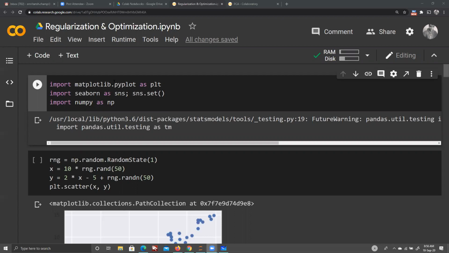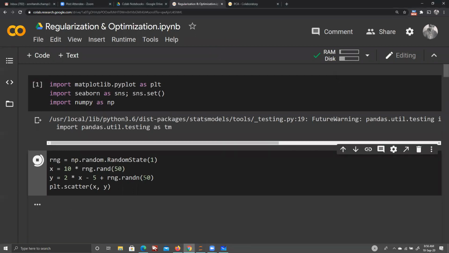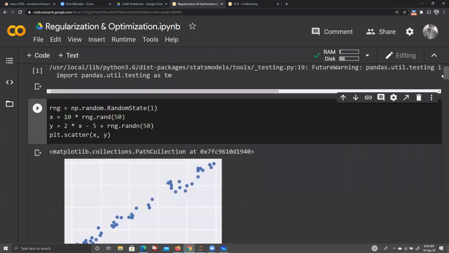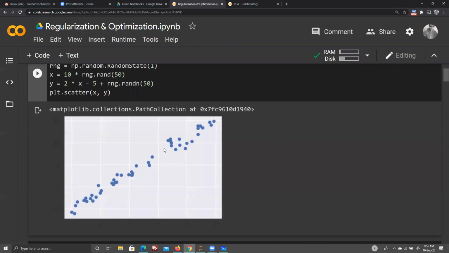So let's say I come up with a simple regression problem, which is very easy to solve, as you can see. Drawing a line here is not going to be very hard. You can draw a regression line here easily, so if I were to run a linear regression, it should not be much of a problem. So it's a simple numerical regression.